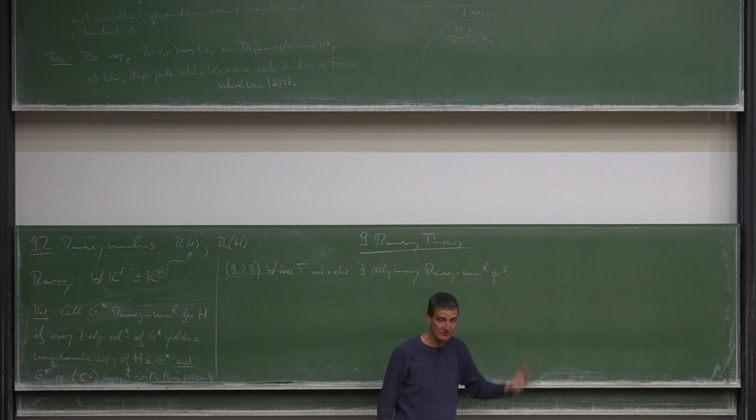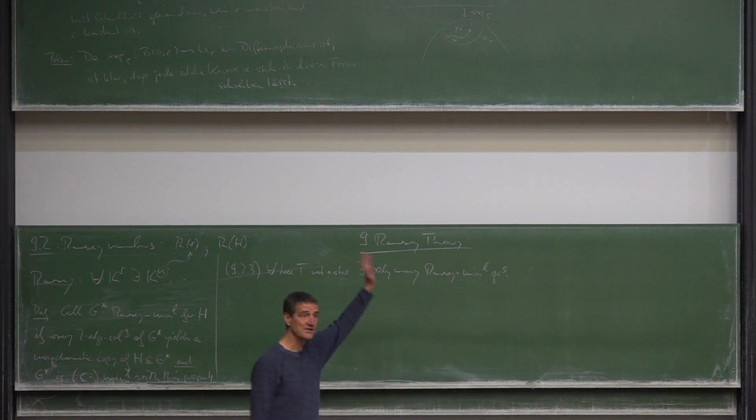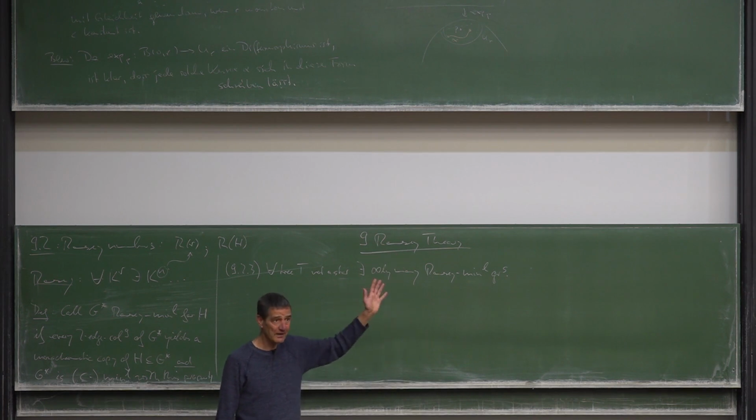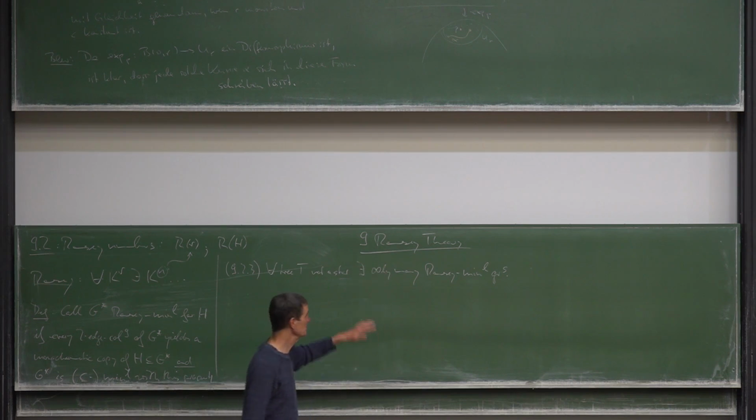So we must somehow, for any given order, find a starting graph G such that if we make that minimal, maybe in a clever way, then inside that G, the G star that we find, that is Ramsey minimal for H, is big.